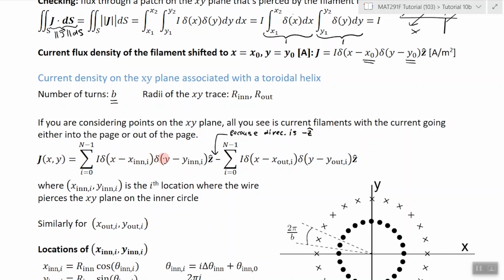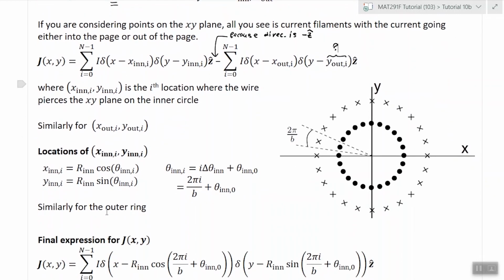Okay, so this is the expression, but we don't know yet what these are. What are y outer i, x outer i, and same for inner? So what we want to do is determine the exact expressions for these, and once we do that, we just plug everything in and write out the expression.